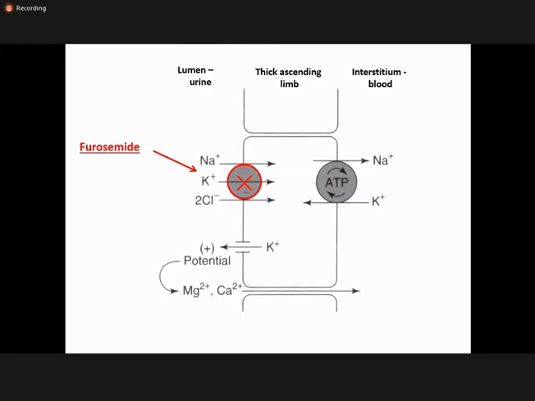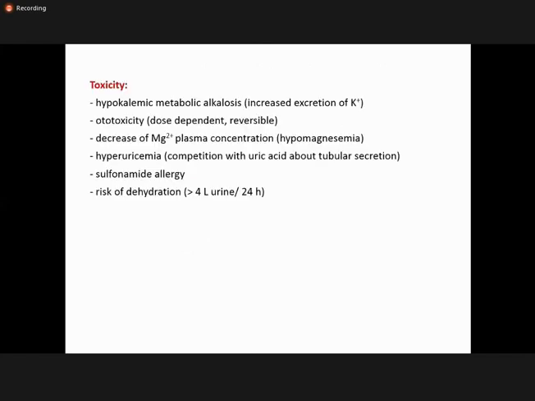So it acts on the thick ascending limb of the loop of Henle and prevents sodium, potassium, chloride transport. Now the toxicity: hypokalemic metabolic alkalosis due to increased excretion of potassium, and ototoxicity.